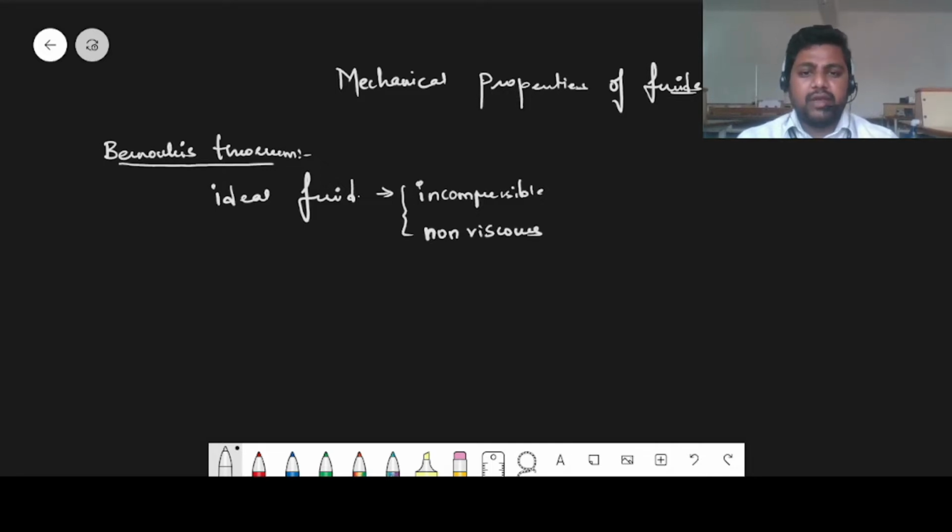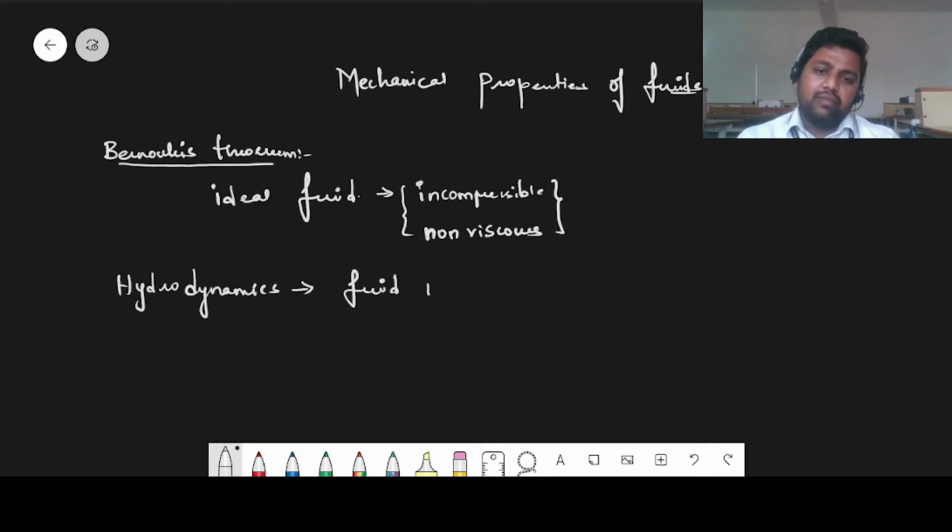These are some characteristics of an ideal fluid, irrotational as well. Now this is a part of hydrodynamics. We are analyzing the fluid which is in motion.